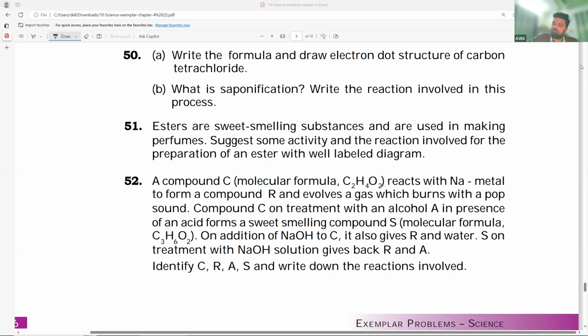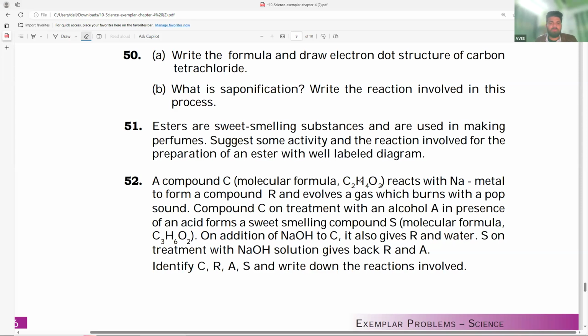Done. So if it is C2H4O2, what does it mean? Can you tell me what this is? It is carboxylic acid, ethanoic acid, since it's C2. Okay.